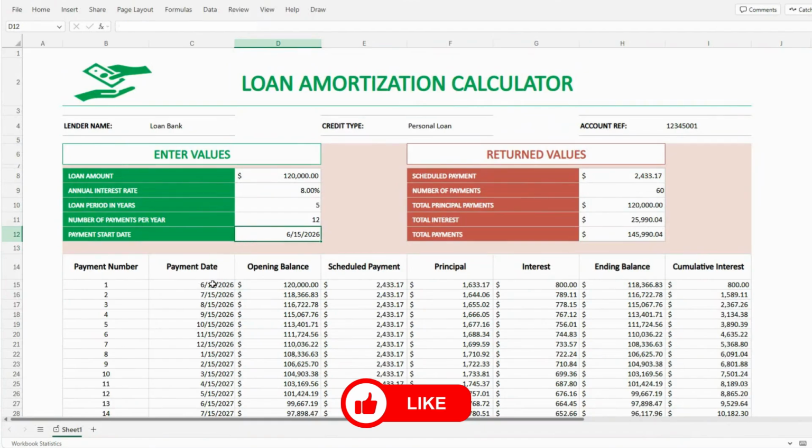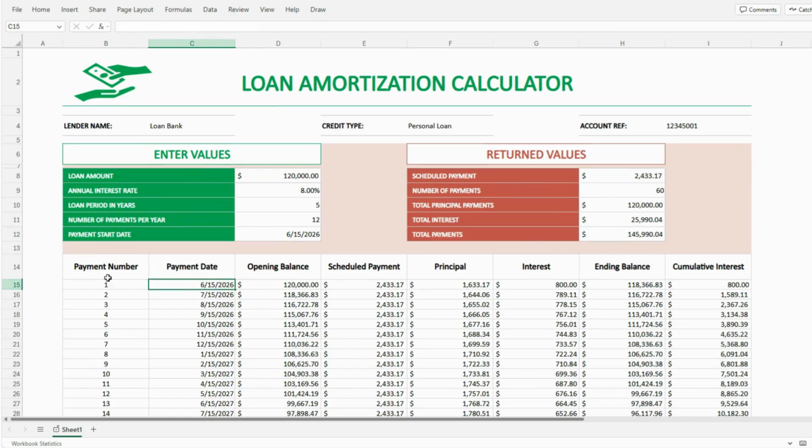The first payment will be the 15th of June, and then the calculator increments as you go along. Payment will be on the 15th of every single month, starting from the 15th of June, since you specified that as your first payment date.